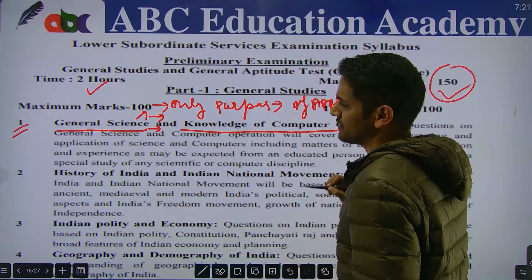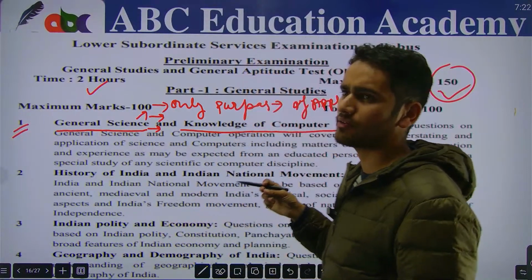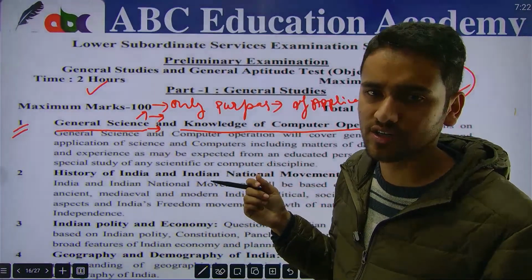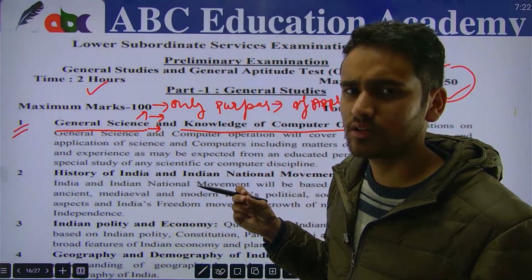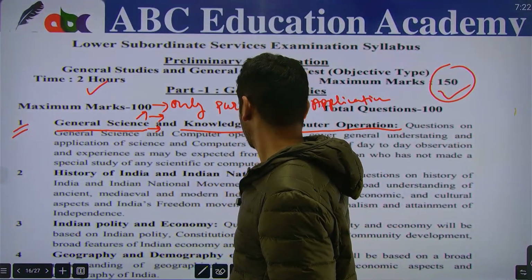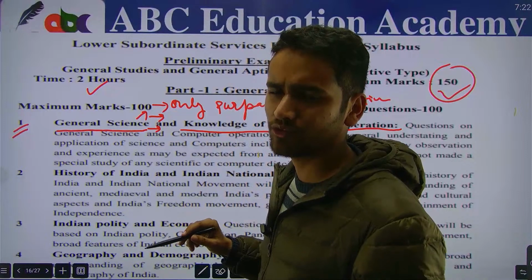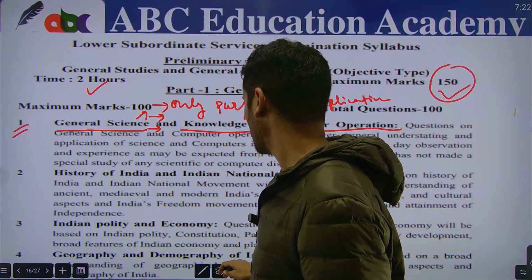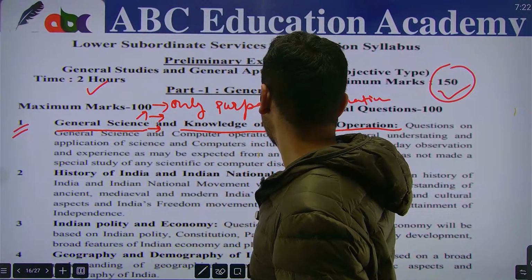For example, you can get questions related to reflection, refraction, photosynthesis, the basic topics. Normally they will come from your 9th or 10th classes. Now we will talk about computer operation.